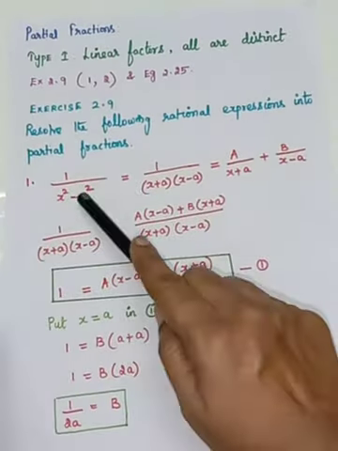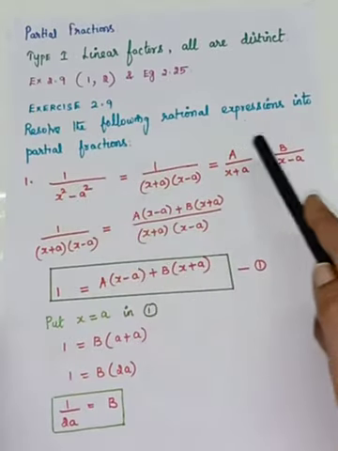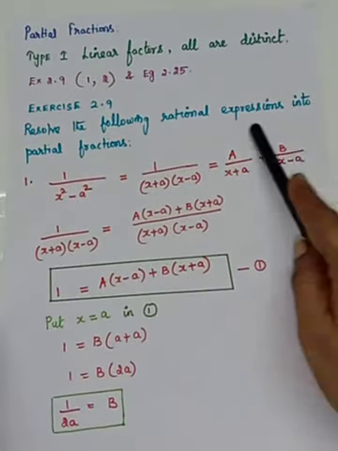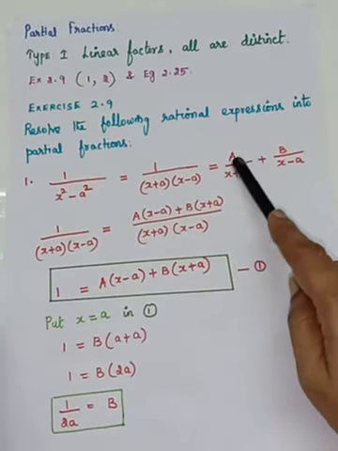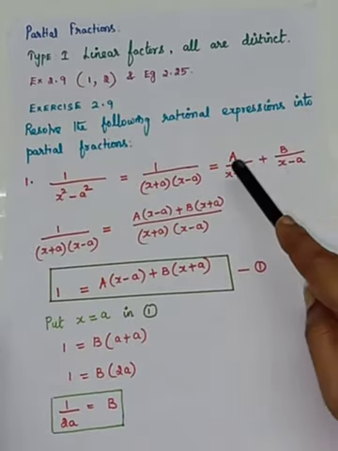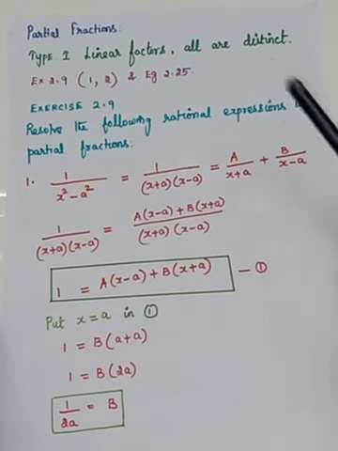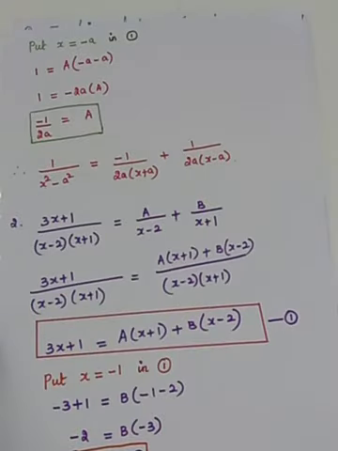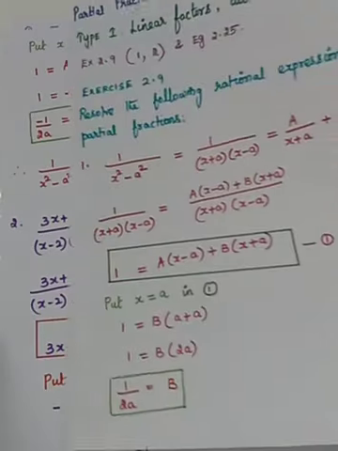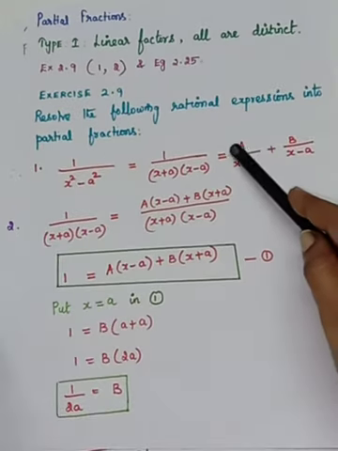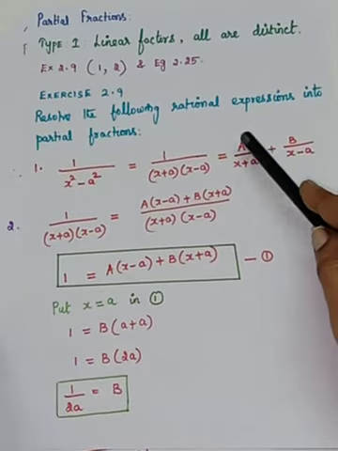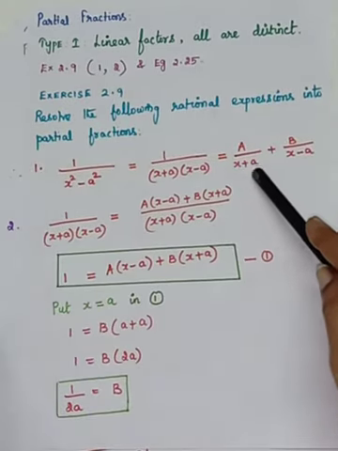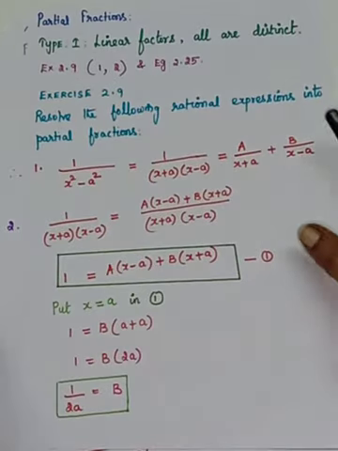What do you have to do? This is your question. It is decomposed as the sum of this expression. Here the values of a and b you have found, so you have to substitute them. A is equal to minus 1 by 2a, so in the place of a, we substitute minus 1 by 2a. Already in the denominator we have x plus a.